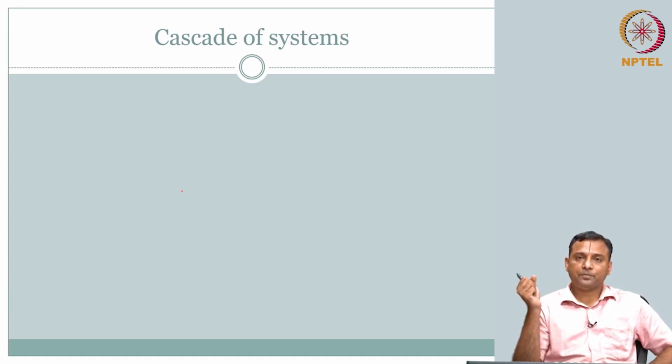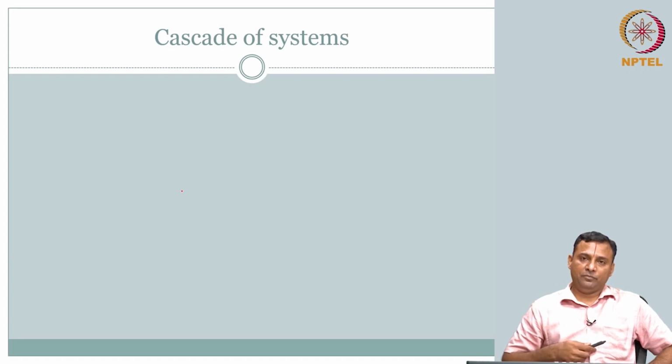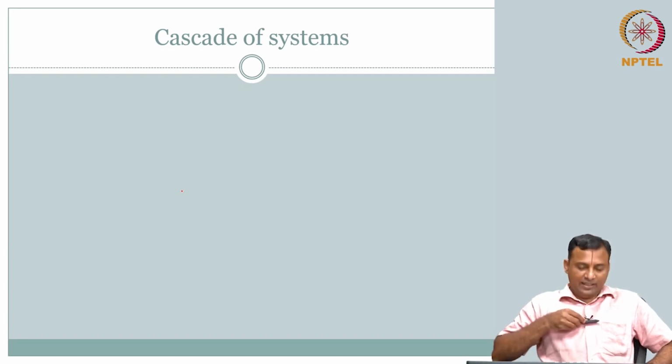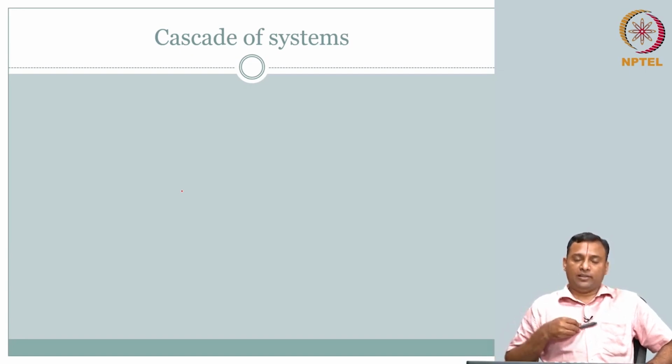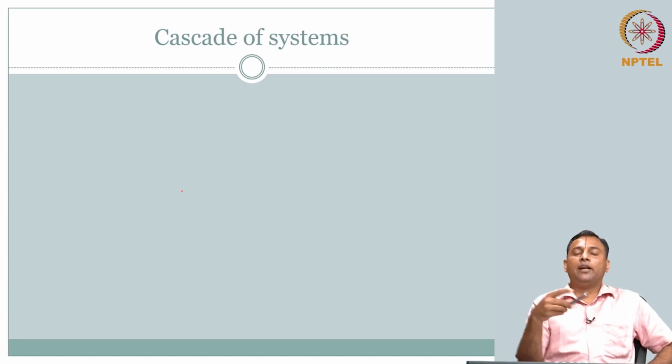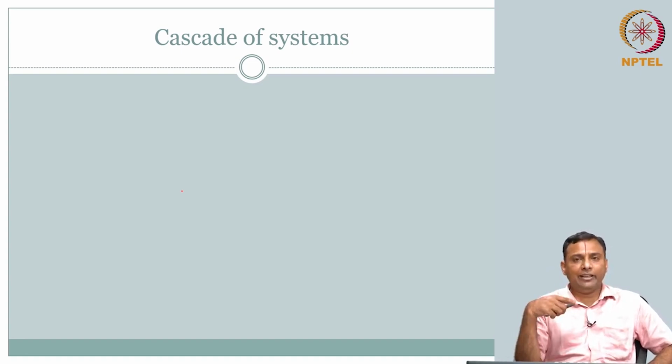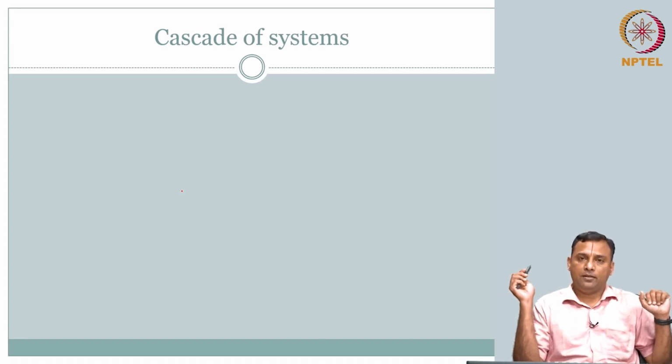MTF. So what do you think would be the resolution of this system as a whole? There is a 3D, right? I have two ground truth objects here. You are viewing the video. So this is the input, and what you are viewing is the output. Everything in between is the system, right?